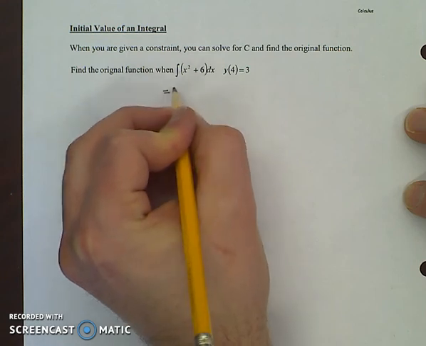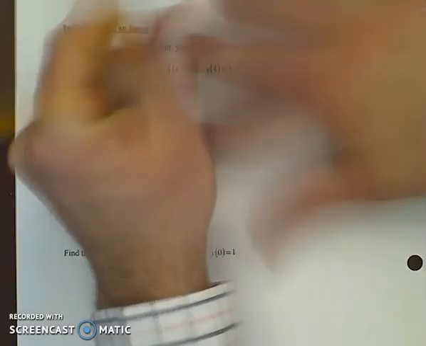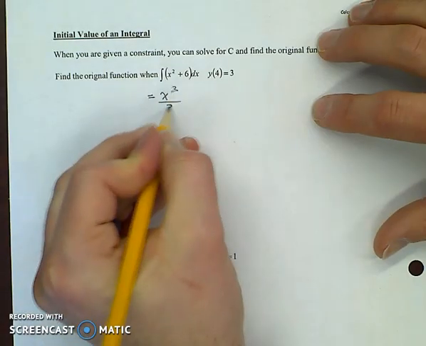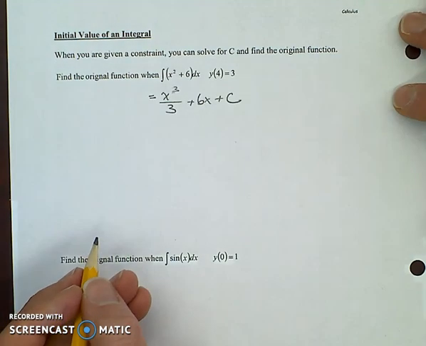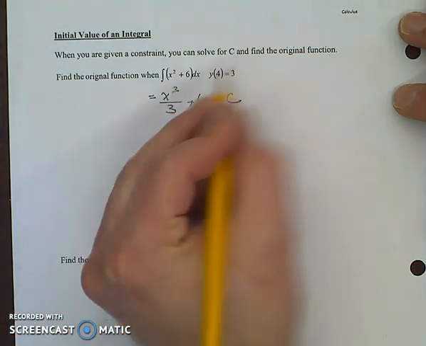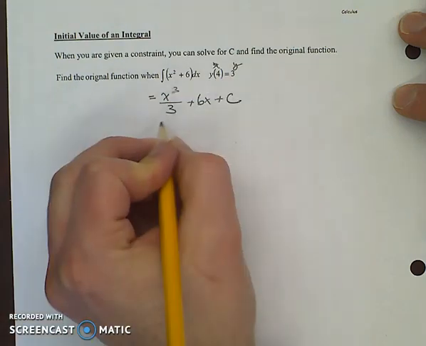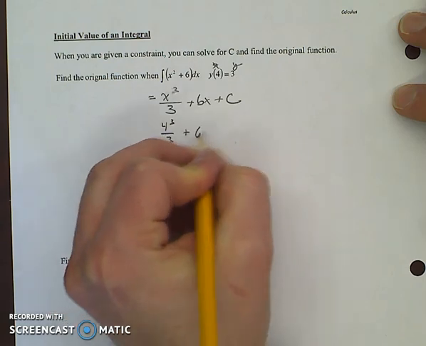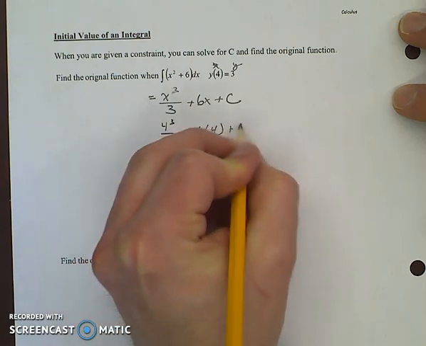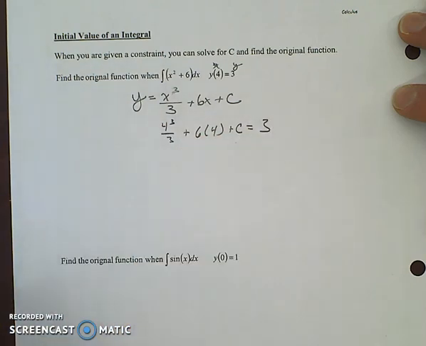So the integral of x squared, x cubed over 3, nice, that would be good, plus 6x plus c. That's our original function. Now we've got to find what c is. So we'll plug in, this is our x, that's our y. 4 cubed over 3 plus 6 times 4 plus c equals, again that's what y is, so equals 3.